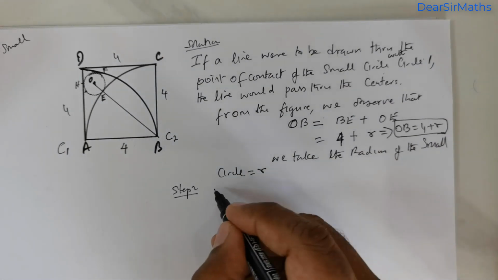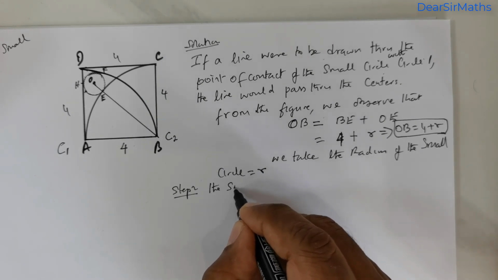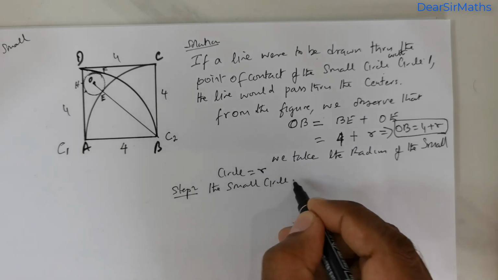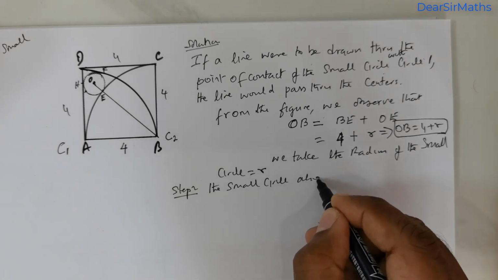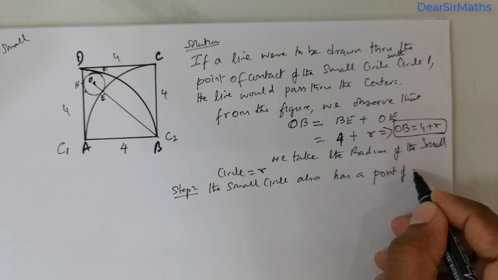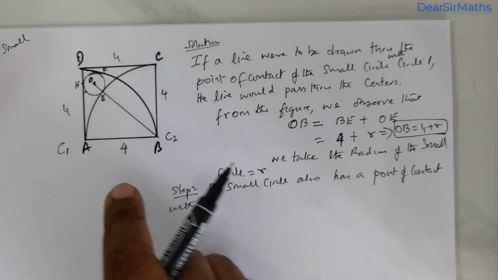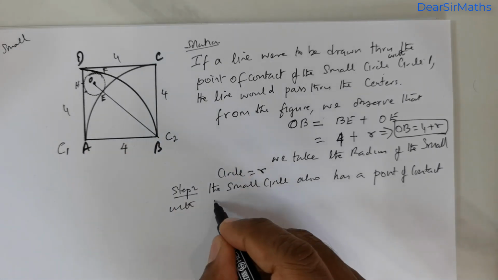Step 2: the small circle also has a point of contact with circle 2.